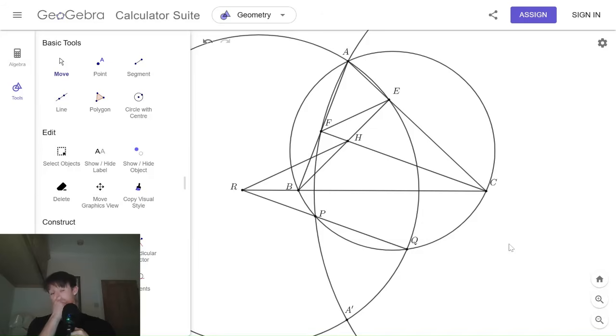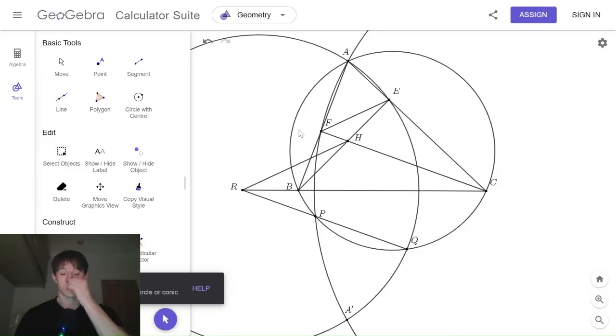But yeah, let's have a think. We need to show that FE is parallel to HR, which is the same as maybe showing AO is perpendicular to HR.